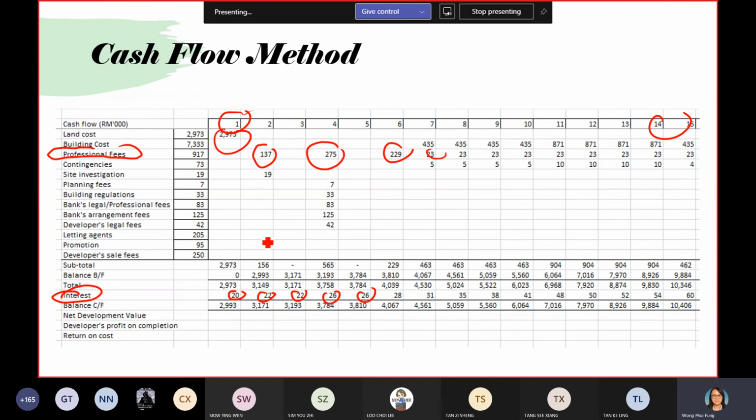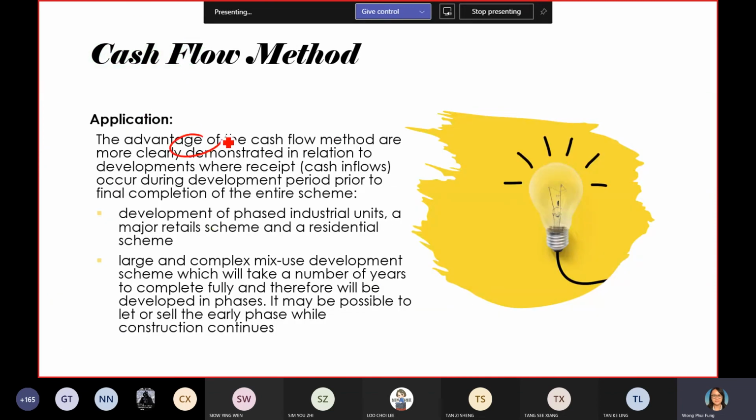Okay, what are the advantages of this method? It allows you to more clearly demonstrate the cash inflow and outflow throughout the development period. Because as I told you, the development period will not last one day or one month. It can be a few years.